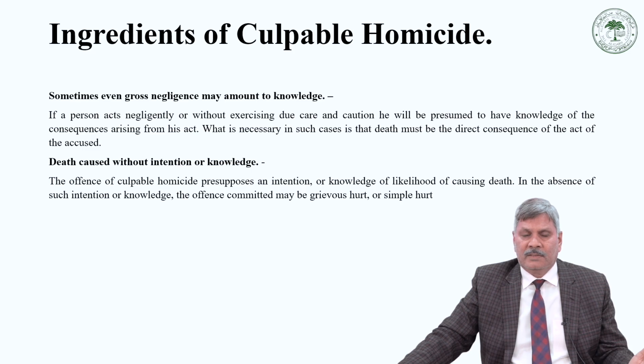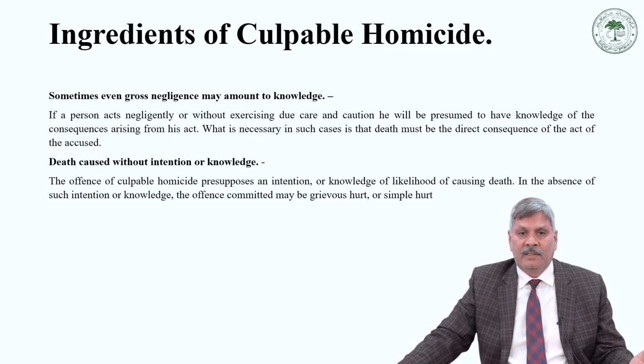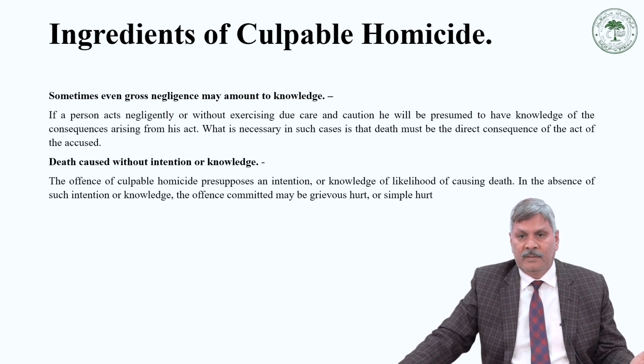In those cases where death is attributed to an injury which the offender did not know would endanger life or would be likely to cause death, and which in normal condition would not be so, notwithstanding death being caused, the offense will not be culpable homicide but grievous hurt or simple hurt.